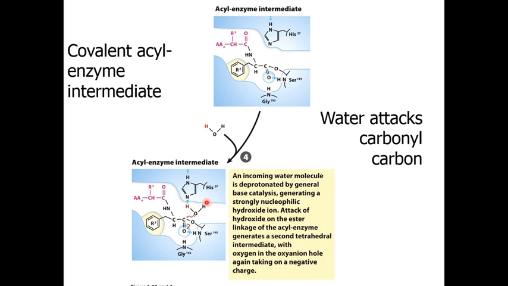This hydroxide attacks the carbonyl carbon of the acyl enzyme intermediate. As a result, electron pairs get pushed onto the carbonyl oxygen, which is now an oxyanion. And this second tetrahedral intermediate is again stabilized by the oxyanion hole.